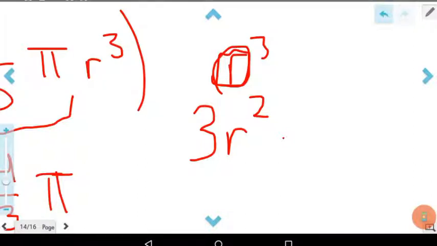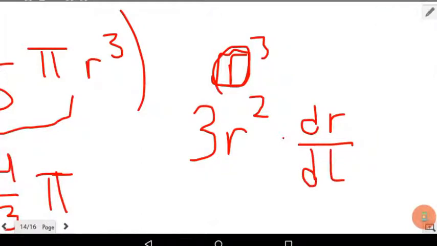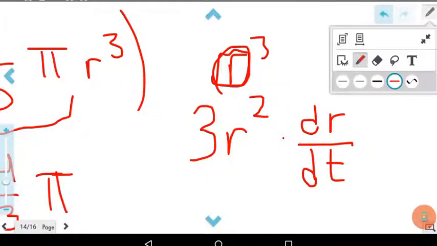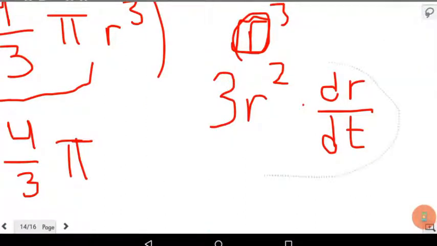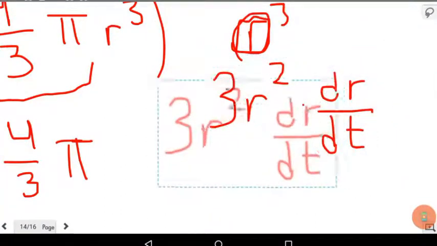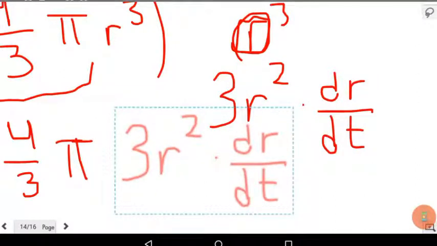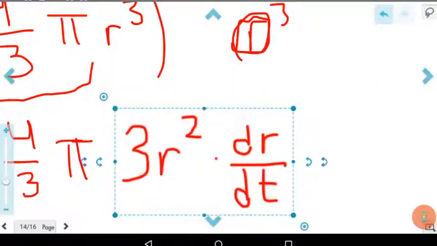Therefore, multiplying by the derivative of r inside is just times dr dt. Right, so this 3r squared dr dt, that's the derivative of the r cubed piece.